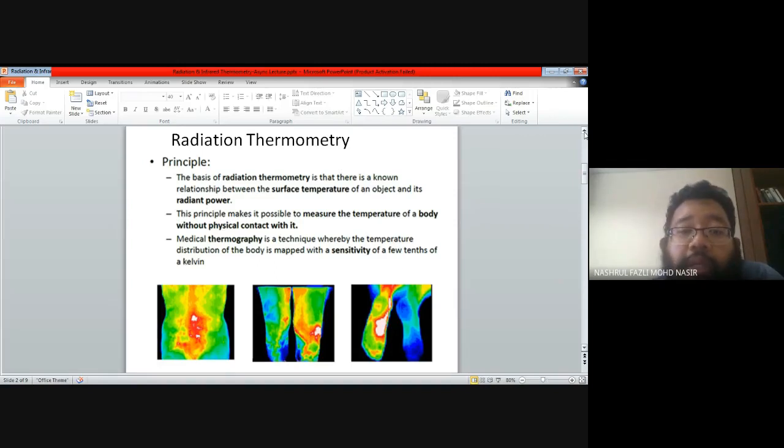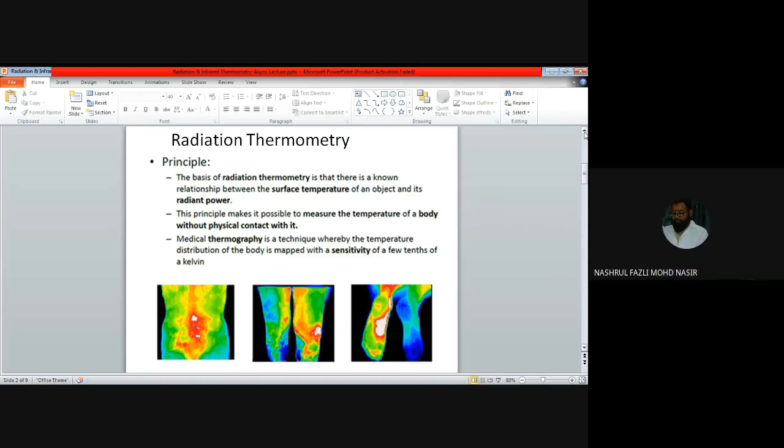So this is one of the reasons why industry needs a type of thermometer that can measure in such situations.